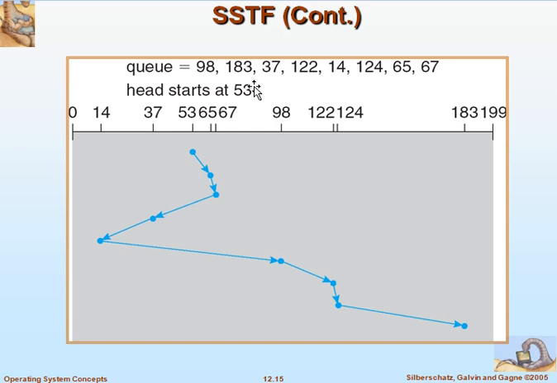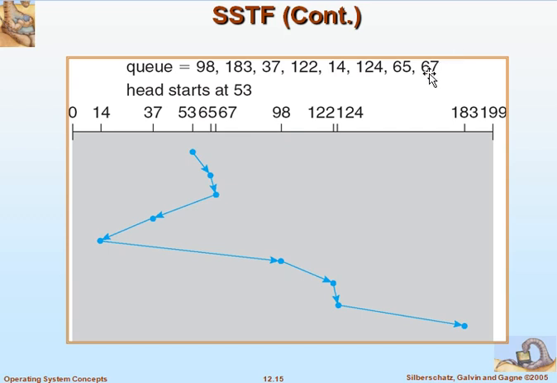Around 12 cylinders, a very small seek time. So 65 will be served first, and from 65 the nearest is 67, so it will cater to 67.